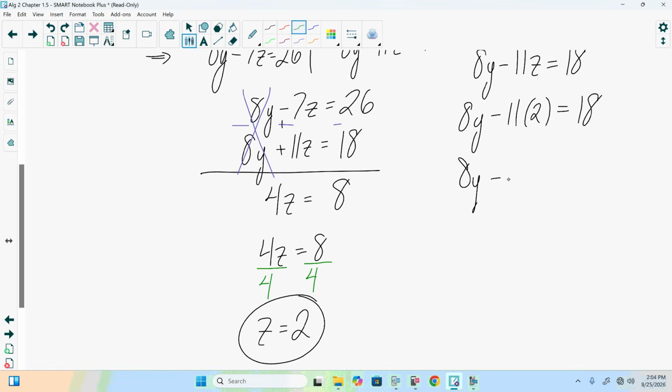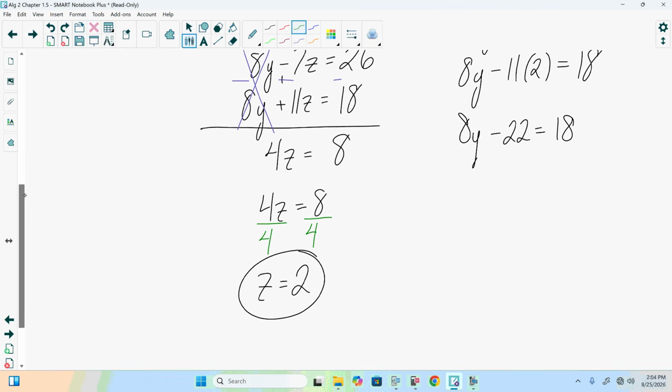Negative 11 times 2. Negative 22. What can we do next? Add 22, plus 22 to both sides. Because negative 22 plus 22 is 0. Telling us 8y is equal to 40. Lastly, we would divide both sides by 8.